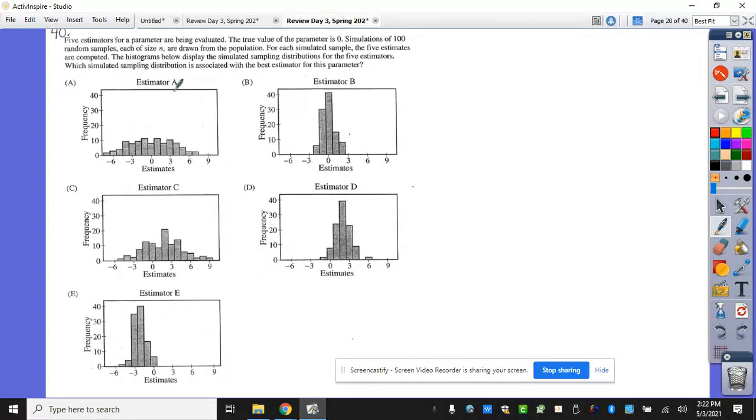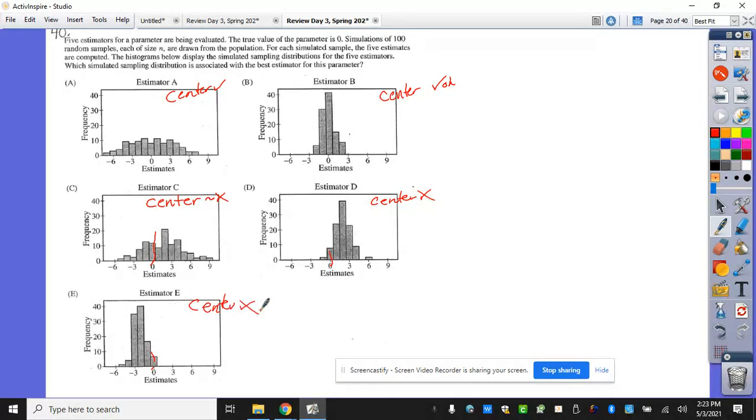This one, the center looks definitely at 0. This one, the center, maybe not perfect, but that center looks decent. Might write okay. Here, I'd probably say that center does not look good, but I'm not real sure. Here, center is definitely not at 0. Here, the center is definitely not at 0.